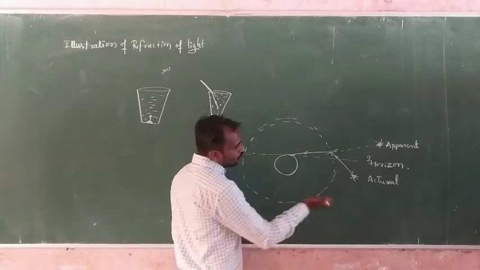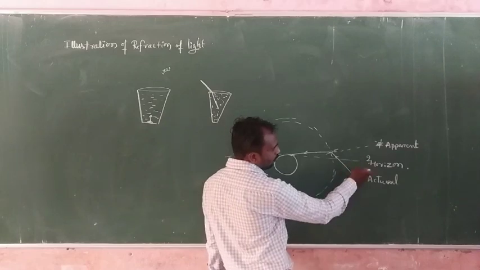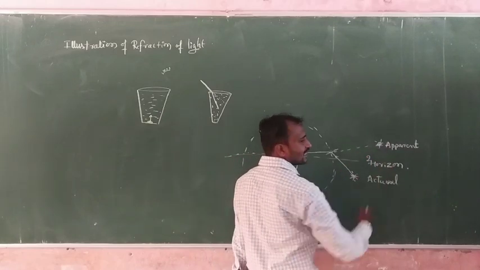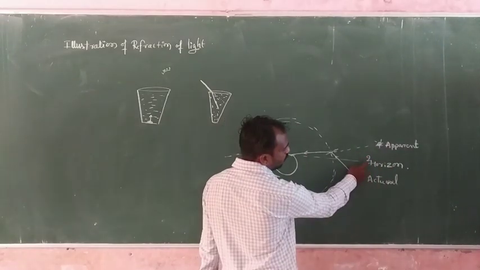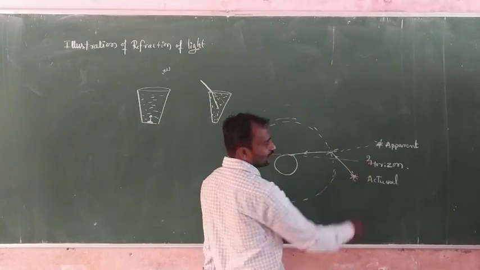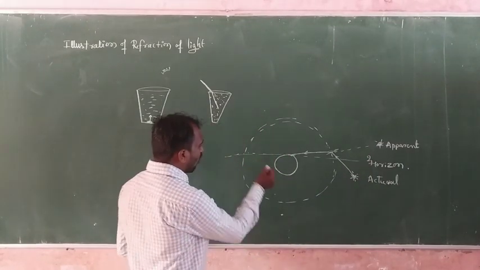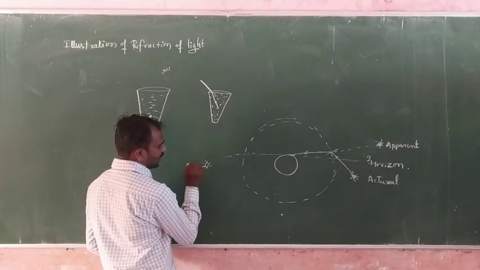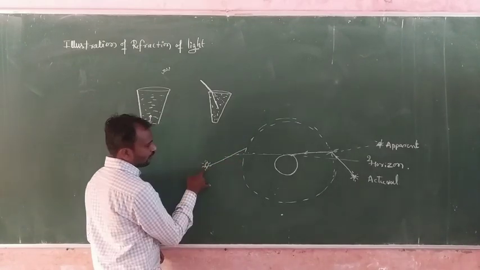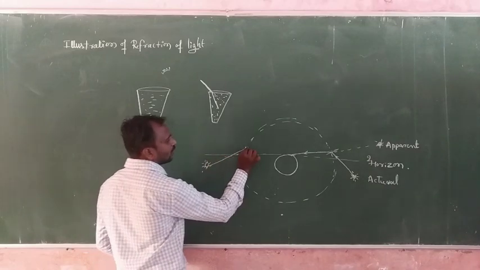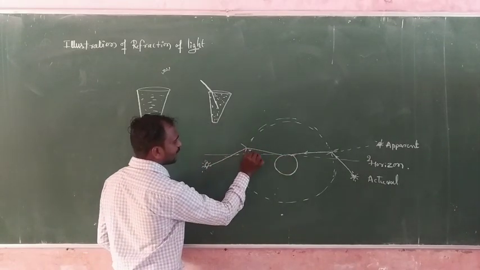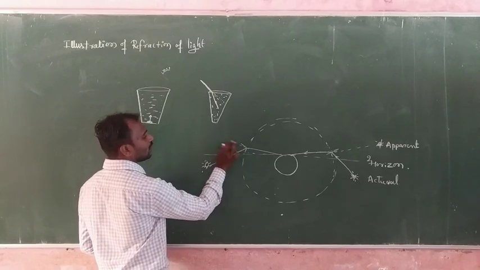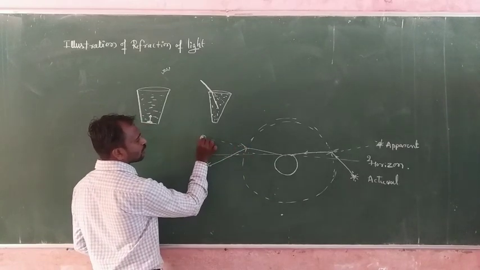It means before sunrise we can see the sun, about 2 minutes before sunrise. And after sunset, suppose here we consider the position of the sun, and the light ray is refracted, and here we get the apparent position of the sun.